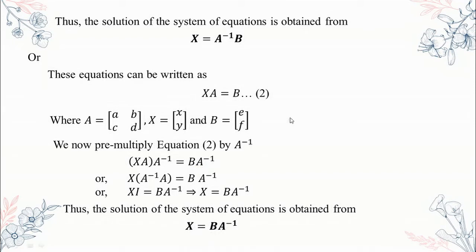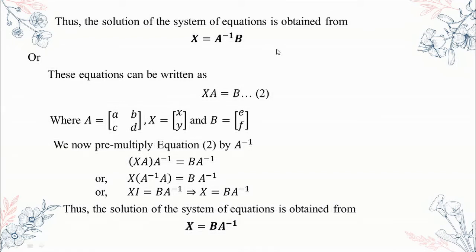What's the difference between the first equation and the second equation? The difference is that in the first equation we have AX equal B, meaning we put the A in front of the X. When you want to find X, you need to put the A inverse in front of the B. How about the second?